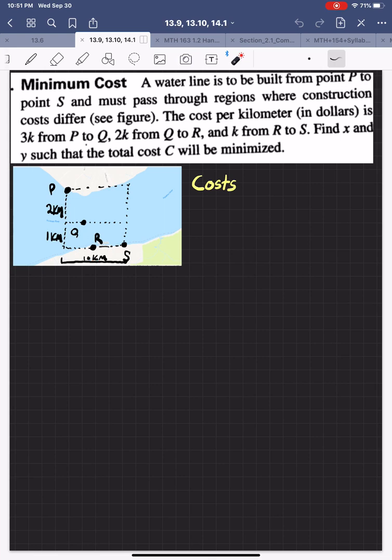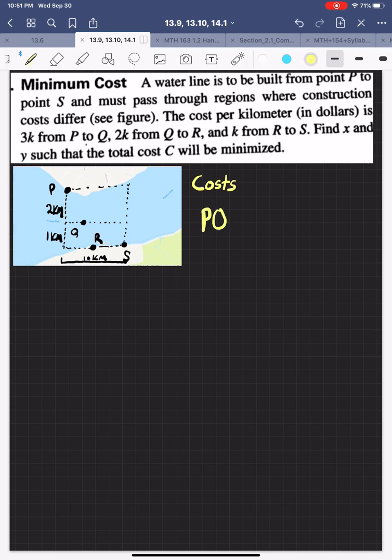So you must pass through regions where construction costs differ. Let's start with the first. The cost per kilometer in dollars is $3,000 in the region from P to Q. So anything in here.